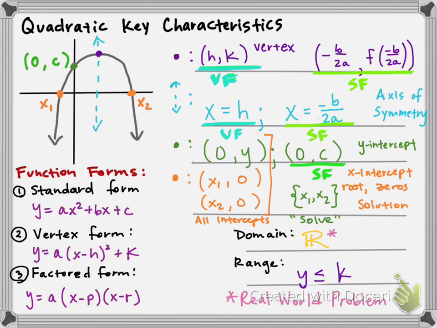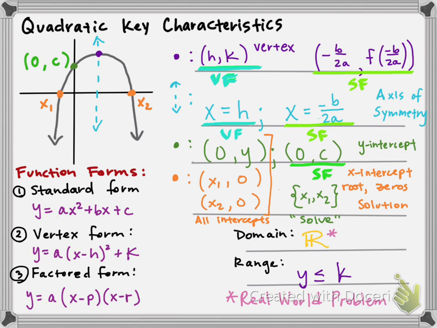In terms of the y-intercepts, again, it's 0, y if you're vertex form, or 0, c if you're standard form. In terms of your x-intercepts, root zeros, or solutions, you'd write your x-intercepts if they asked you for an x-intercept as a coordinate. So you'd have x1, 0, x2, 0. Or if they asked you for a solution, you would use set notation x1, x2.